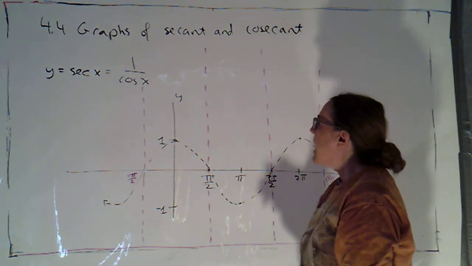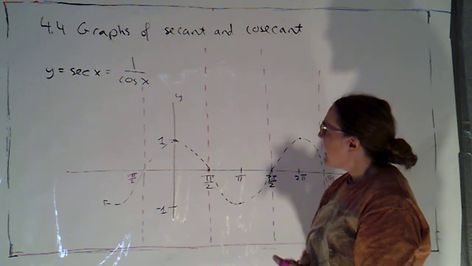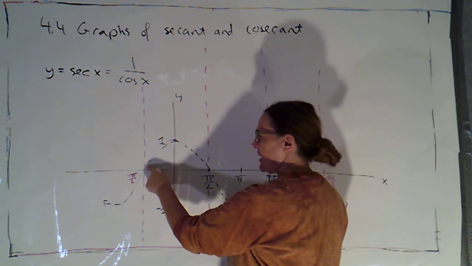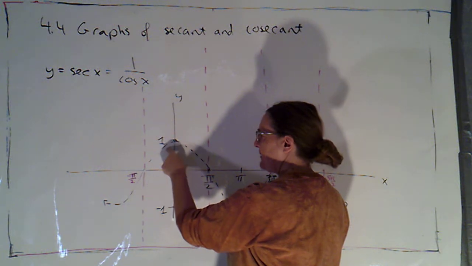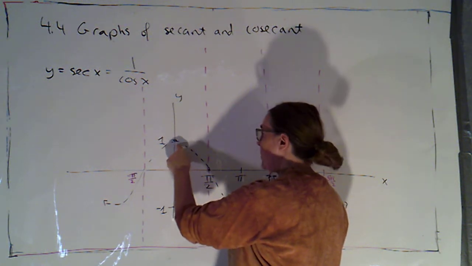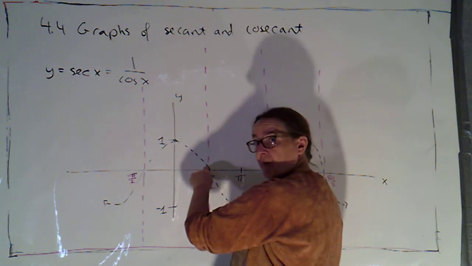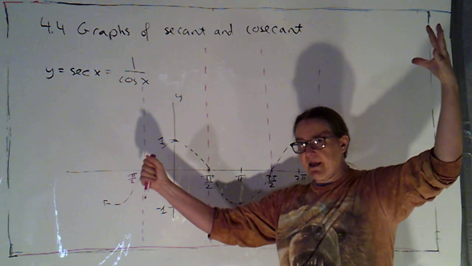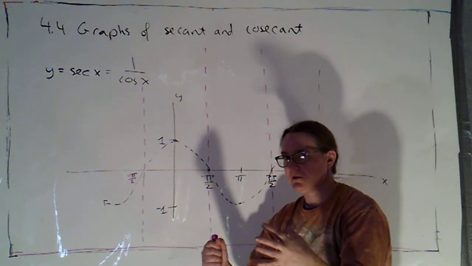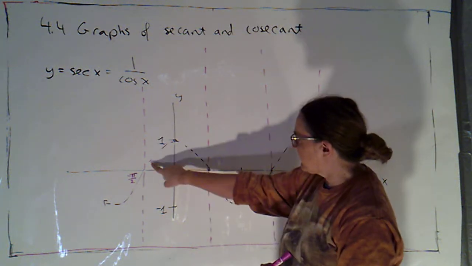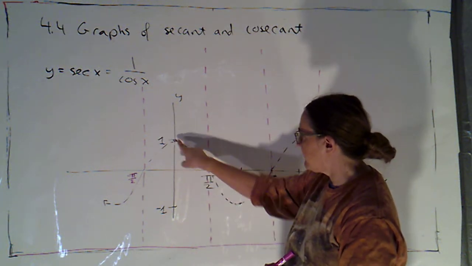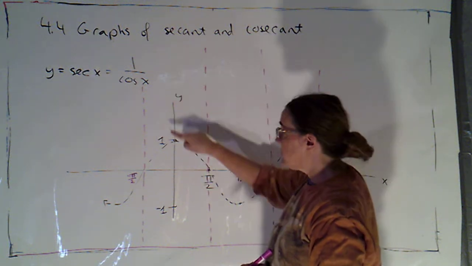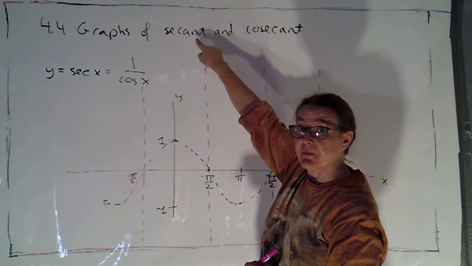Now, if I look at the pattern here, for cosine, we go from a small positive up to a high point at 1, down to a small positive again. When I take the reciprocal, small stuff becomes big, and big stuff becomes small. So instead of going from small to the biggest value to small, we're going to go from big down to a smallest value back to big.